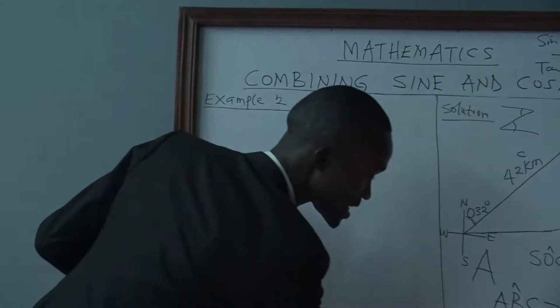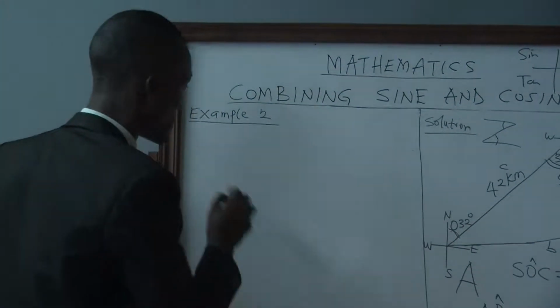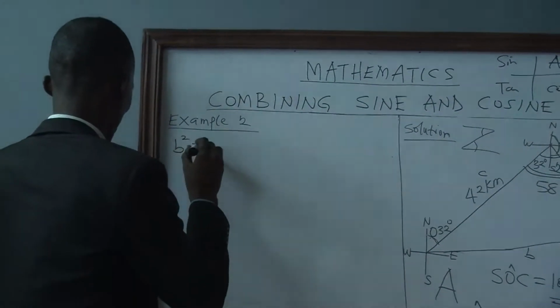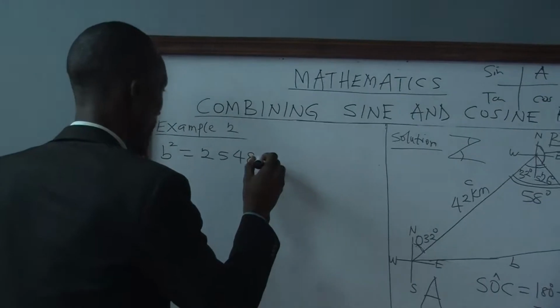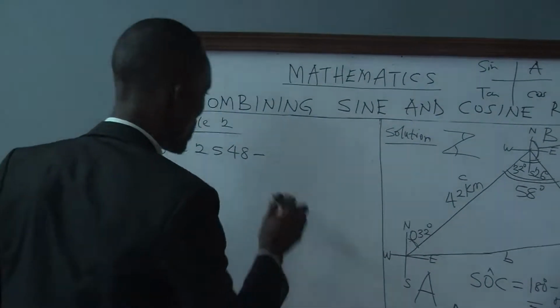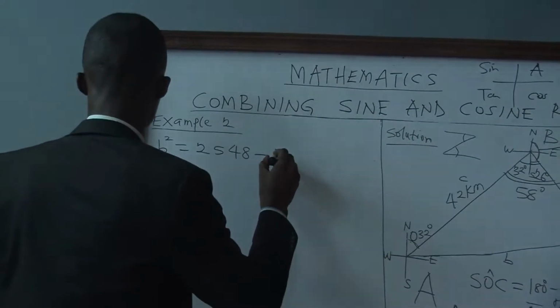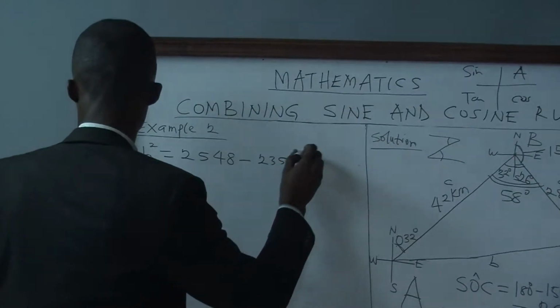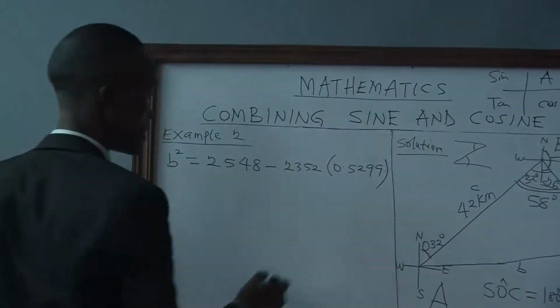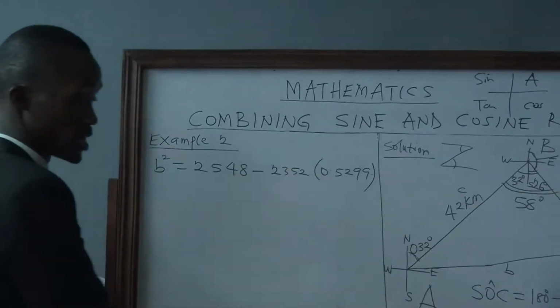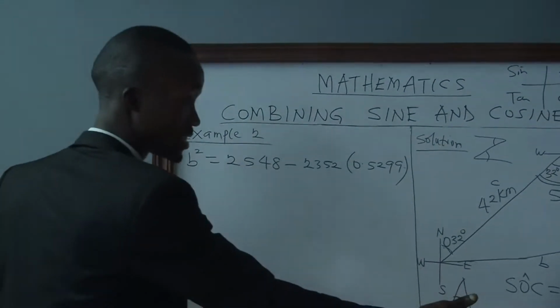By adding 784 and 1764, we have b squared to be 2548 minus the product of 2 and 1176, which gives us 2352, times 0.5299. 58 is from the first quadrant, so we don't need to subtract anything from it.